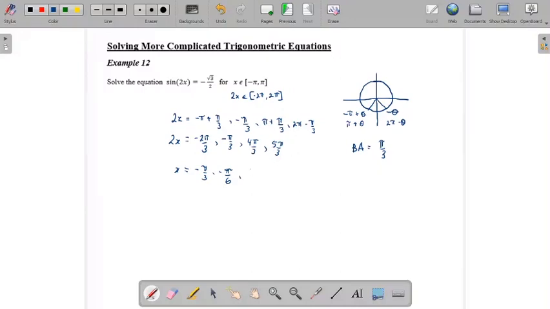This one here will be 4 pi/6, which will be able to be simplified, and then 5 pi/6. Okay, so these are the same. This one here can just be changed, okay, which would be 4 pi/6, which is 2 pi/3. And there are our four solutions. Always write your solutions in their simplest form.